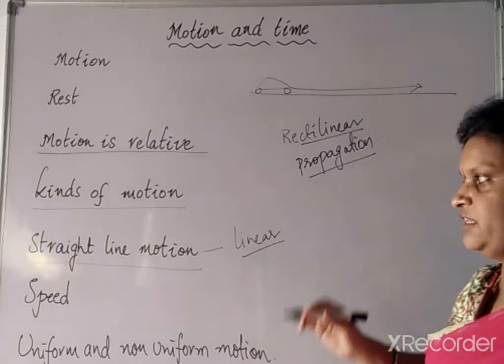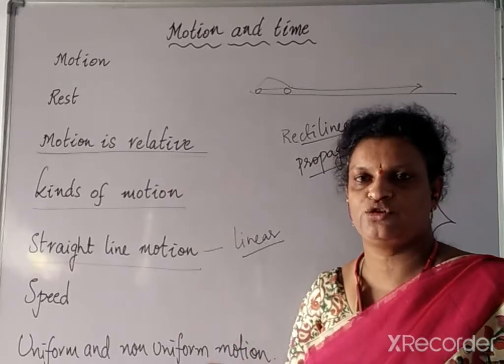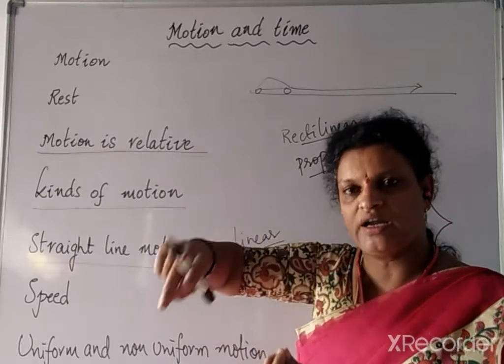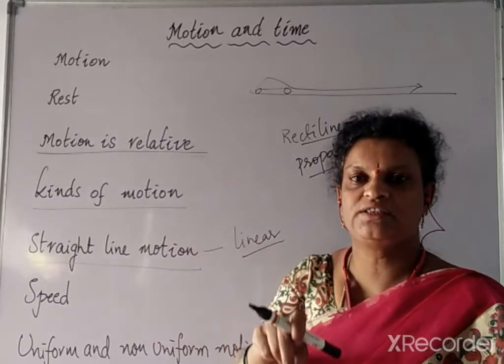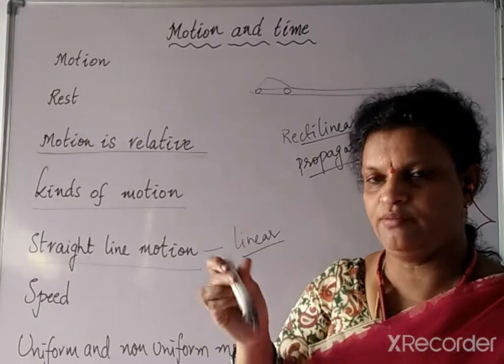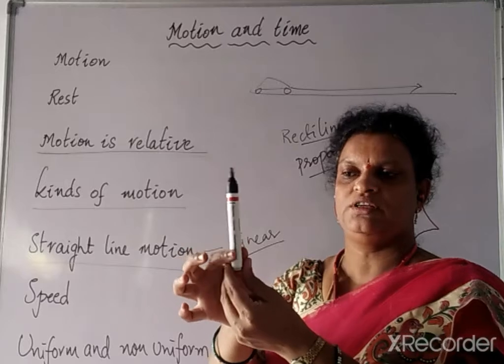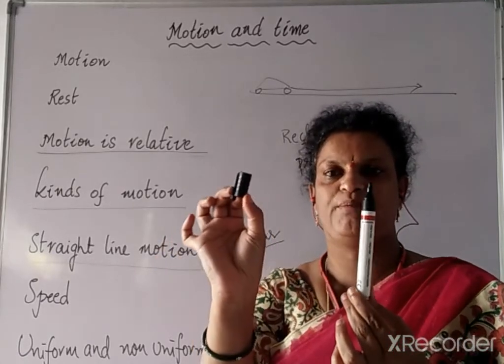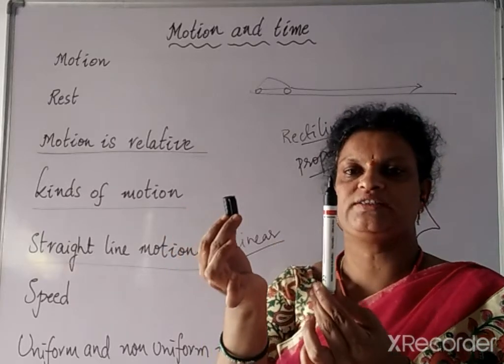Along with this straight line motion, some other types of motions are also there. As I said, earth is rotating around its own axis, so we call it rotatory motion, and it is revolving around the sun, which we call circular motion. Now I have some objects in my hand. Let us take this marker as the sun, and the cap or lid of this marker as the earth.